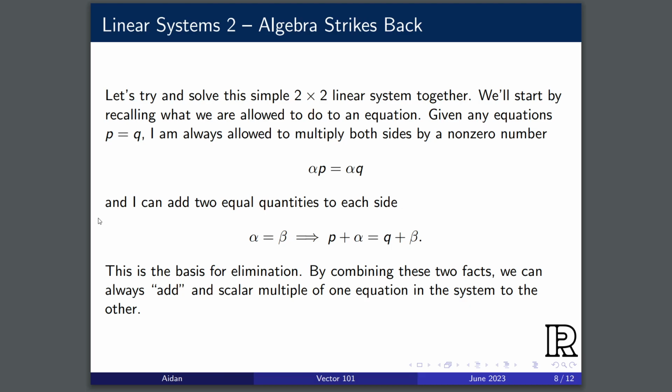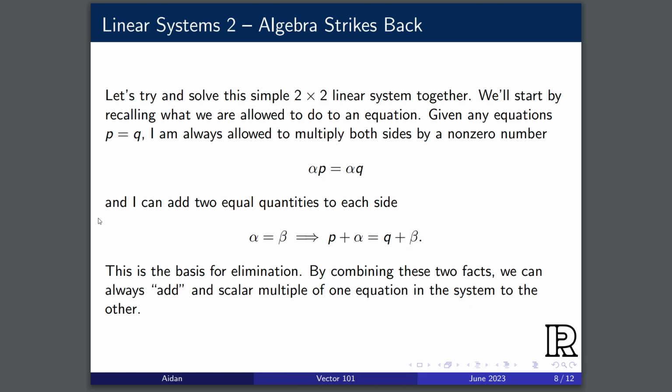I no longer have any information about what the equation should be. So if I have the equation x equals 2, and I multiply both sides by 0, now all I know is that 0 equals 0, which is trivially true. But if I multiply both sides by 2, for instance, now I have 2x equals 4, I could still divide by 2 to find x, right? So that's why we want non-zero numbers.